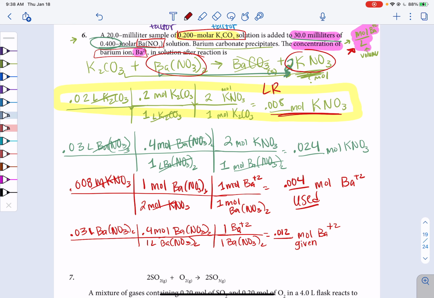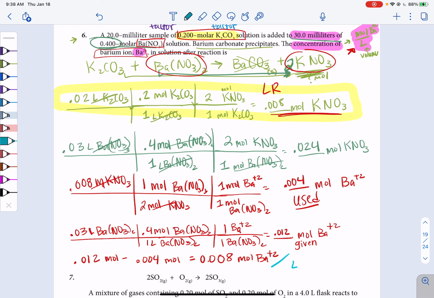So if you subtract 0.012 moles minus 0.004 moles that was used, you get, I don't trust my ability to subtract, but you probably already know the answer, 0.008 moles of barium ion. Now, remember I wanted concentration, so you now need to divide this by the amount of liters in solution.